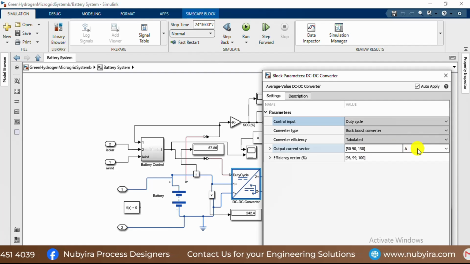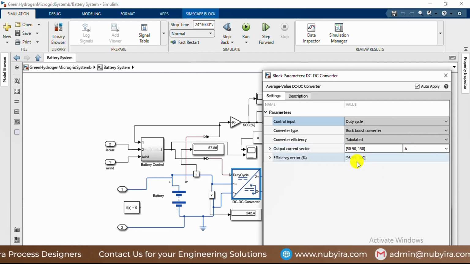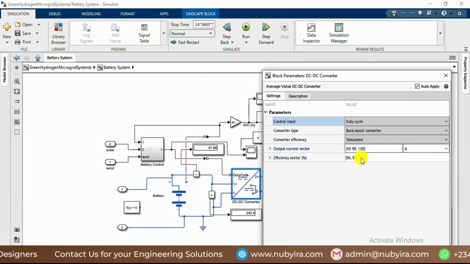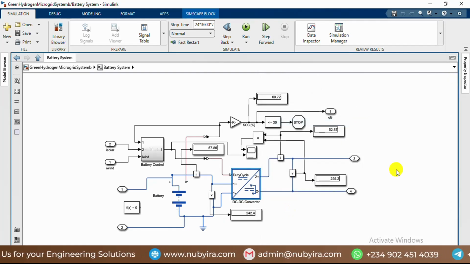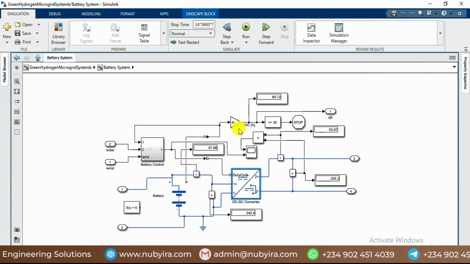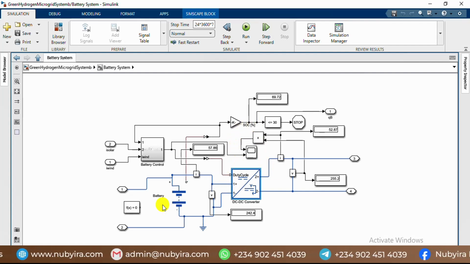So for 50 ampere it is 96, for 130 it is 100, for 90 it is 93. So when the current is dropping, it affects the energy loss in the DC-DC converter, just to make it realistic. Then this is the state of charge, that is the percent energy level in the battery.